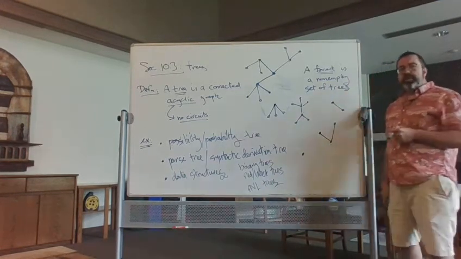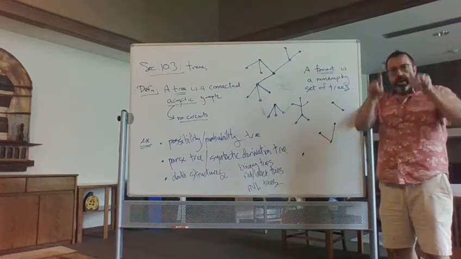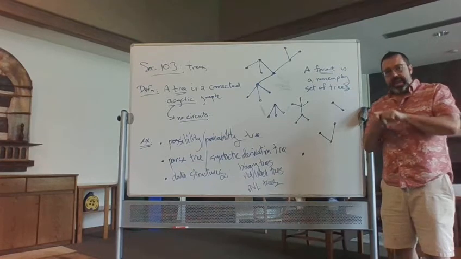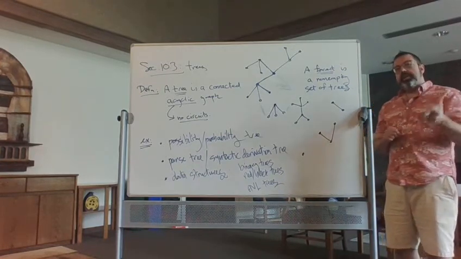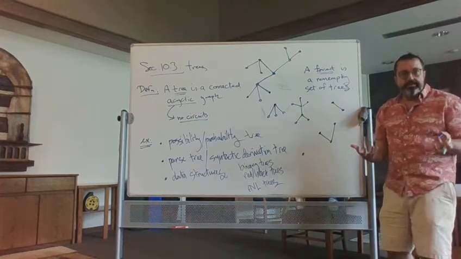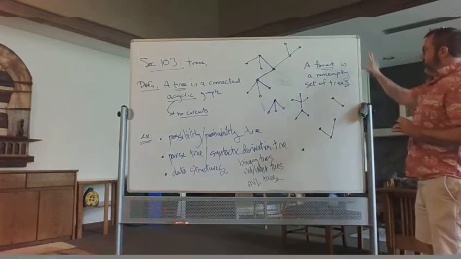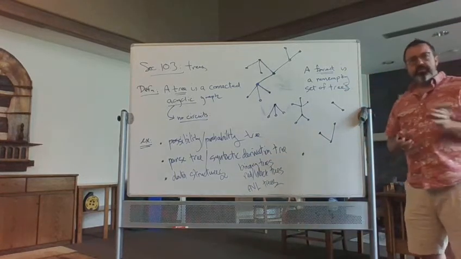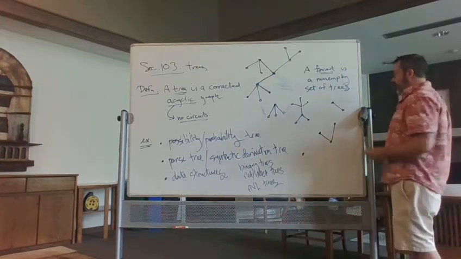By the way, notice that trees have to be simple graphs, because as soon as you have a self-loop or parallel edges, you violate the acyclicity of the tree. So you can't have any loops or multiple edges between vertices, otherwise you're by definition not a tree, so we're always simple. Let's look and see, for each of these examples, count the number of vertices and count the number of edges. So just visually, these are all trees, connected and acyclic.